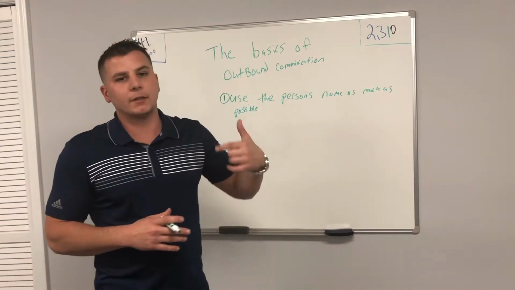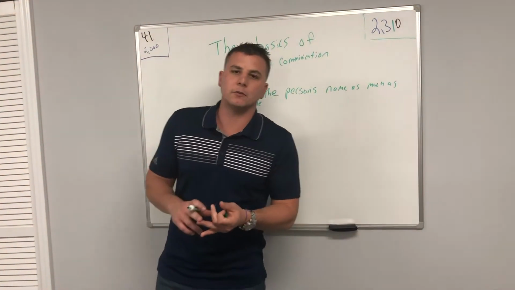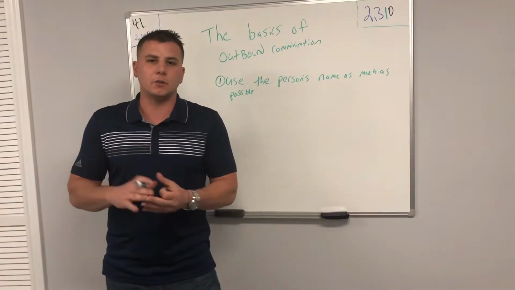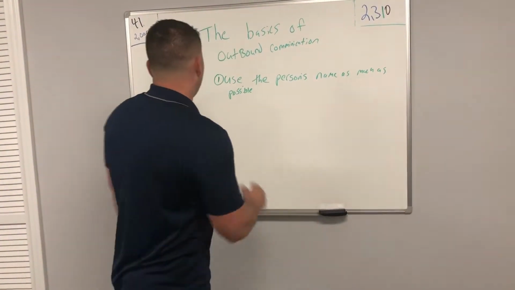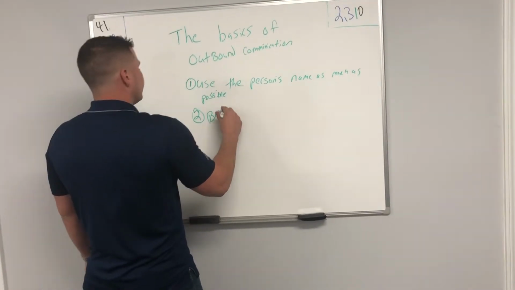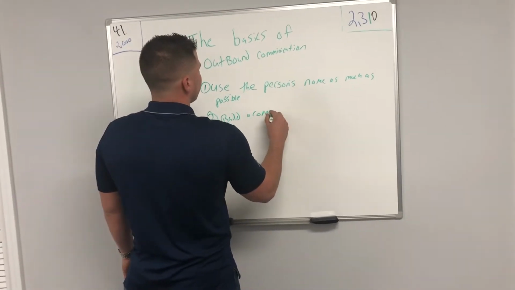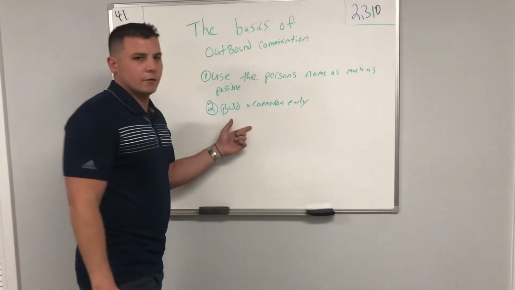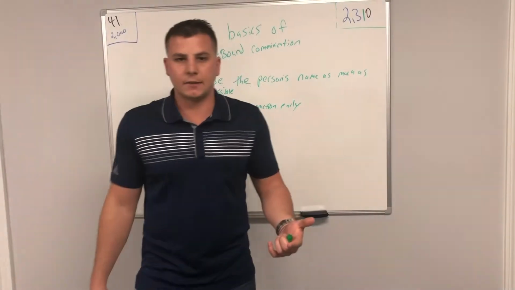You want to build a connection, whether it's through text, through email, or when you get on the phone and call them. It's important that you build a connection early. So that's number two: build a connection early. Use a very good tone of voice. I'm going to give you a perfect example.